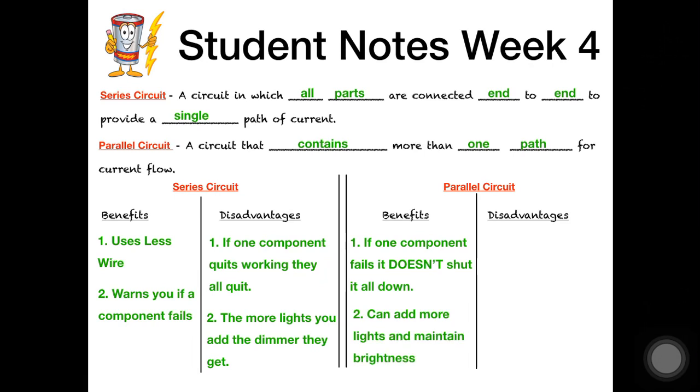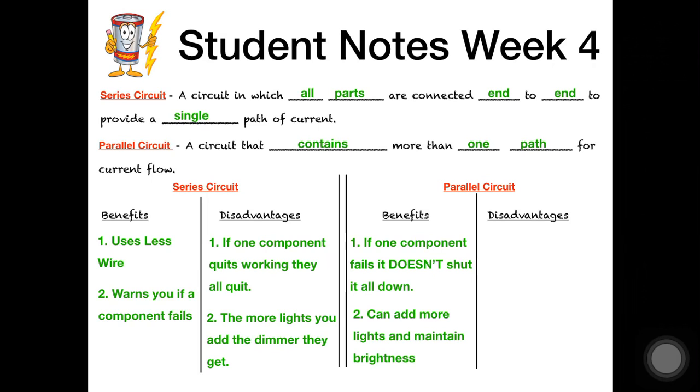The other benefit of parallel circuits is you can add more lights and maintain brightness. We did see just a slight bit of dimming, but for the most part, the light bulbs stayed fairly bright, so there wasn't near the kind of dimming that happened with series circuits.